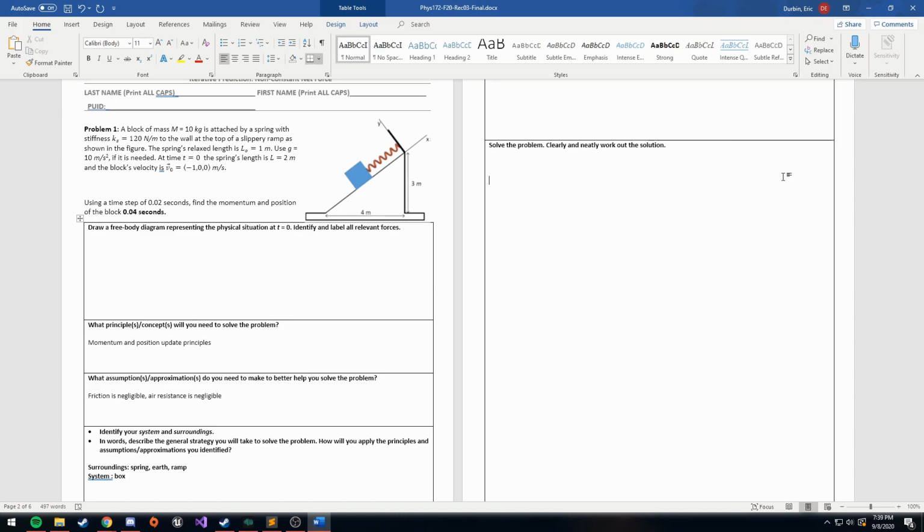I'm pretty sure it's the cosine of 53. With a different orientation, it would be 53, because it's in the x direction, so it's adjacent over hypotenuse.